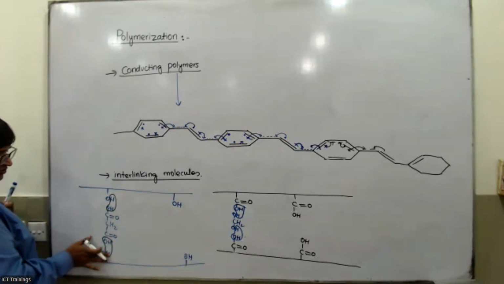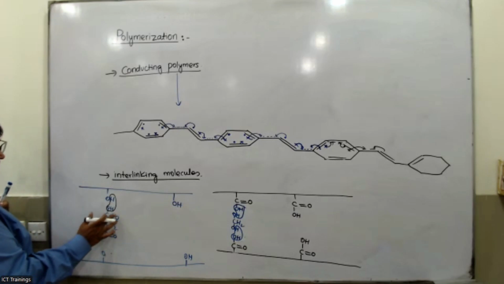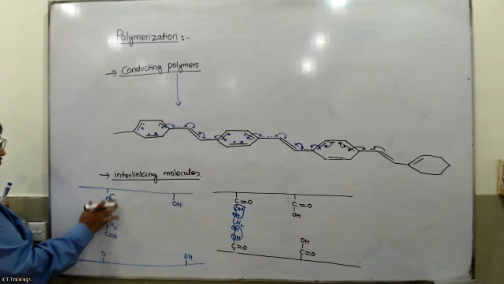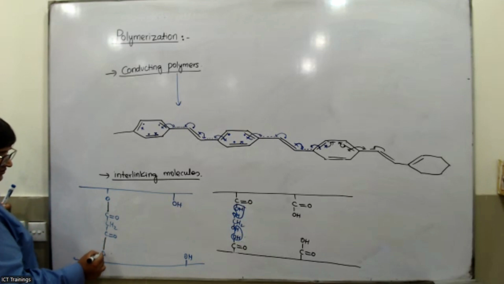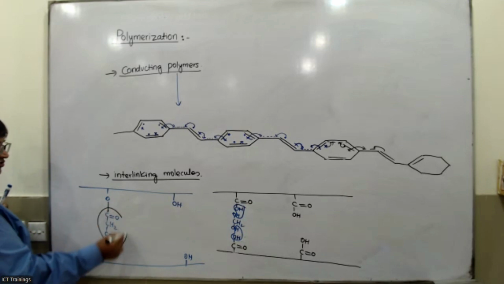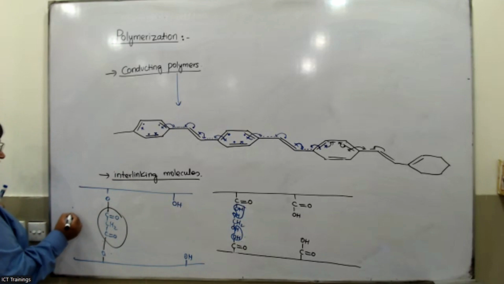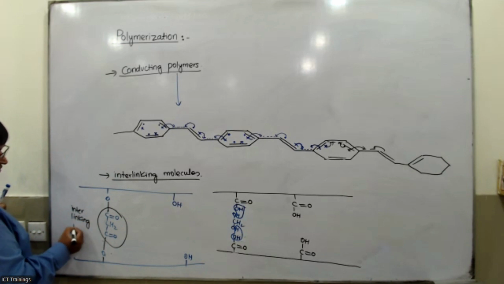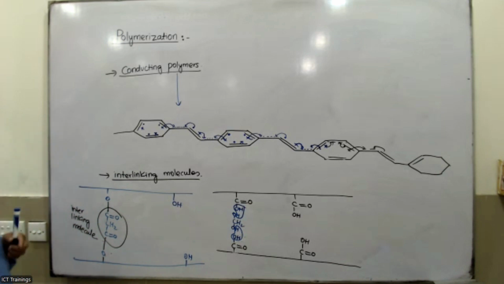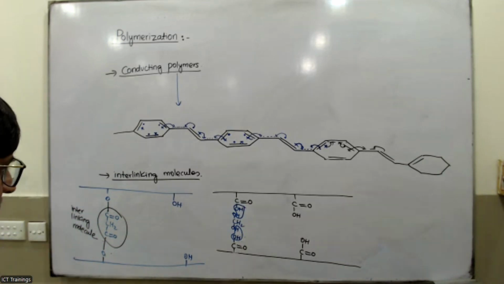Remove this water molecule from here, and they are joined together like that. So this molecule is the interlinking molecule. Did you get it? Yes, sir.